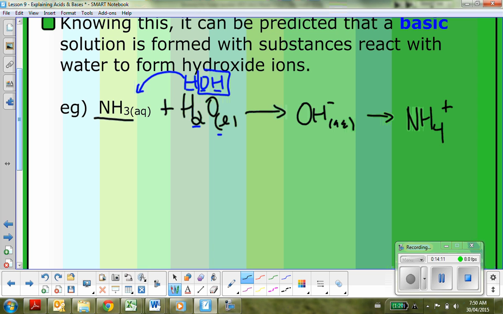So it ends up having a positive charge, and it's aqueous. So again, I've proven that this is an Arrhenius base. I've used the revised definition because I've reacted it with water. You'll always be told again to prove if it's an acid or a base. So I've just said to prove that it's a base. So your first product is going to be OH.